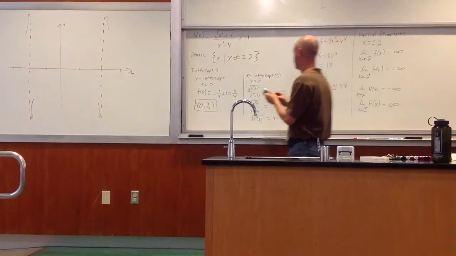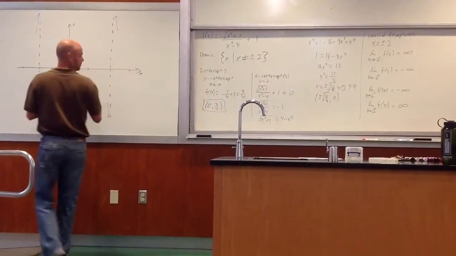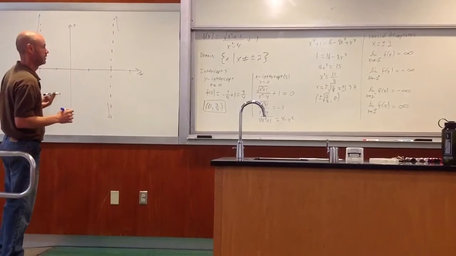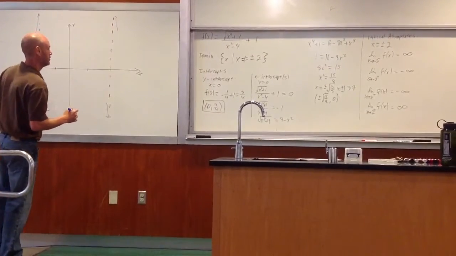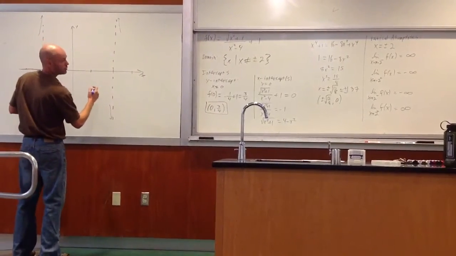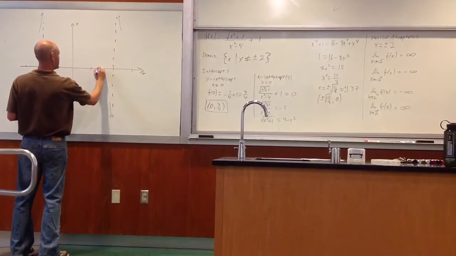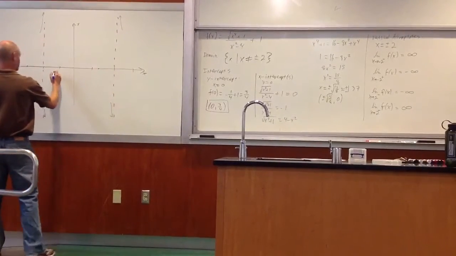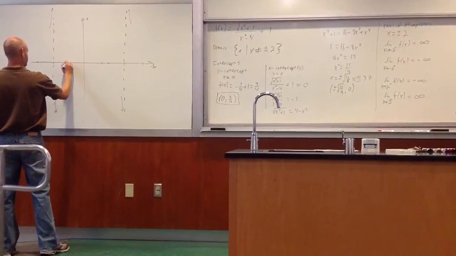Oh, we also have some points. Let's put our points down. So 1.37, yeah. Negative 1.37, yeah.